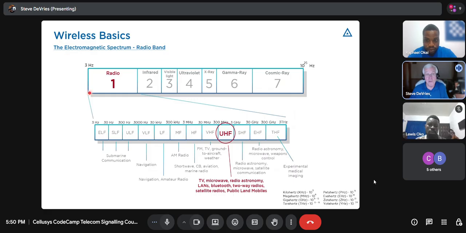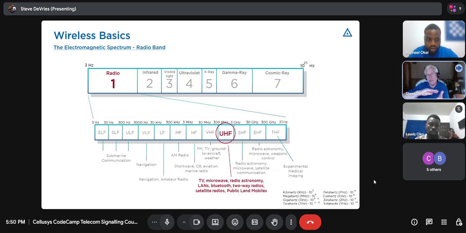What we're interested in for telecommunications radio is the radio waves, which are further broken up into these bands. So you have the extra low frequency, the super low frequency, ultra low frequency, and I listed down here some of the uses of them. The lower the frequency, the further it can go before the signal dies out.